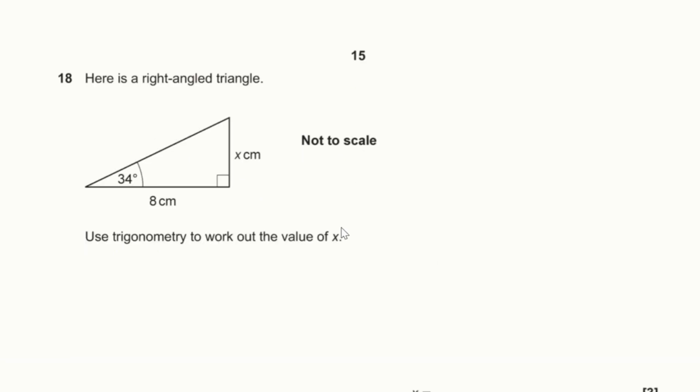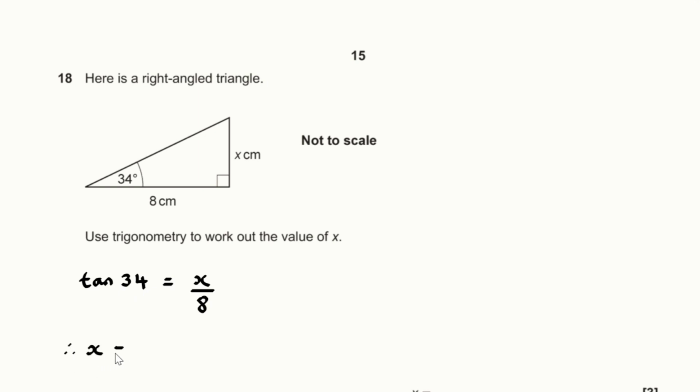Question number 18. Here is a right-angled triangle. That's what we see here, and we have to use trigonometry to work out the value of x. Well, if I work out the value of x, I've got the opposite, the adjacent, and an angle, so I have to use tan. Tan 34 is equal to x over 8.